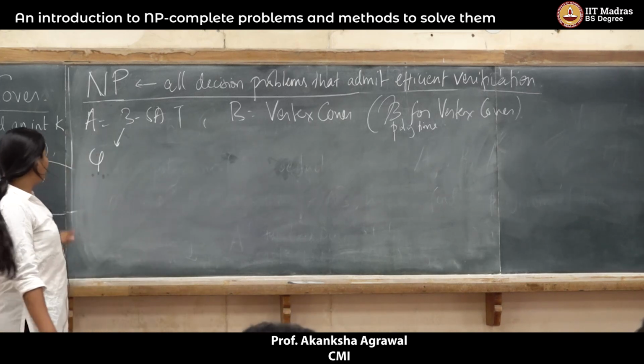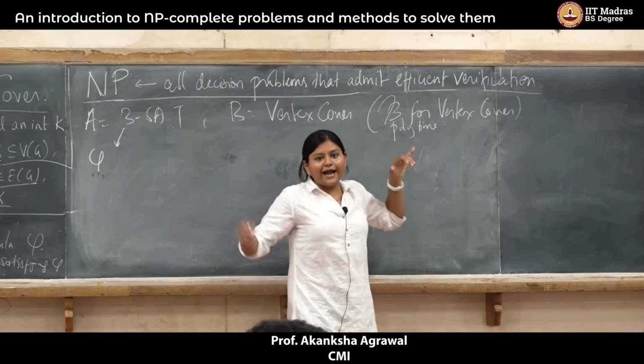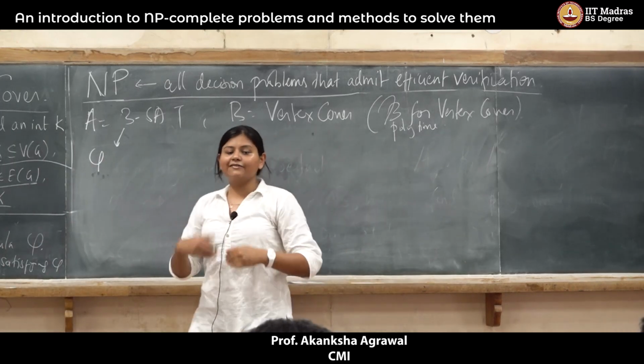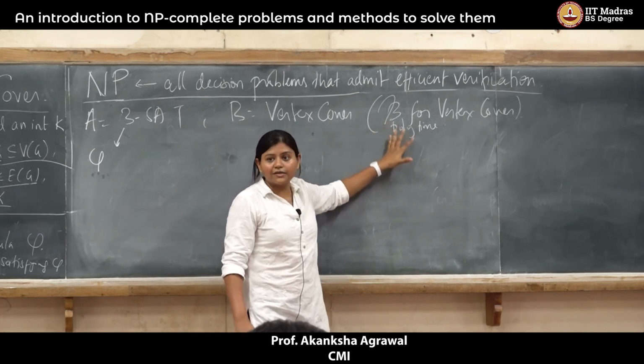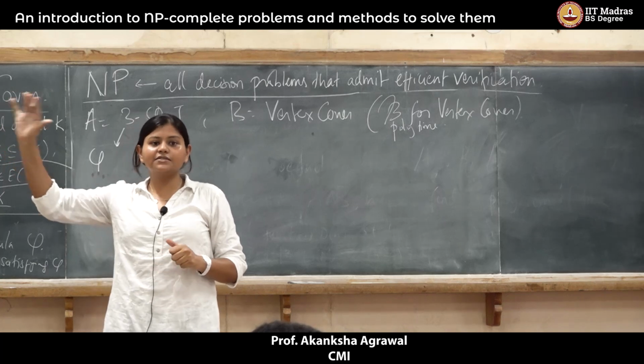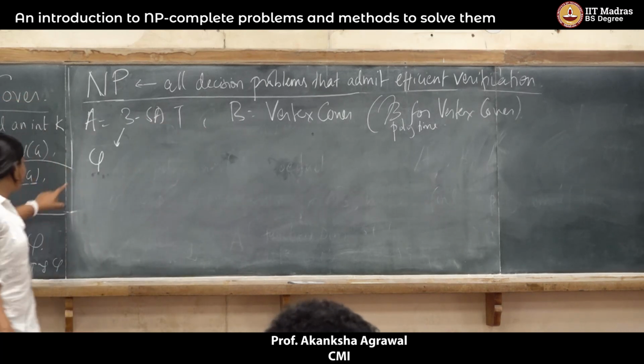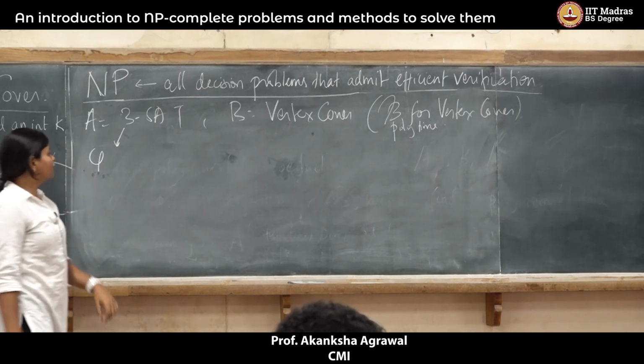Now I would turn this phi into an instance of vertex cover. For the created instance, I will run the algorithm B for vertex cover. That's the code. Somehow I would like to use the answer given by the vertex cover algorithm to create my own answer. So we'll do the following.